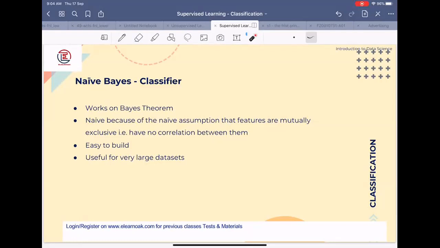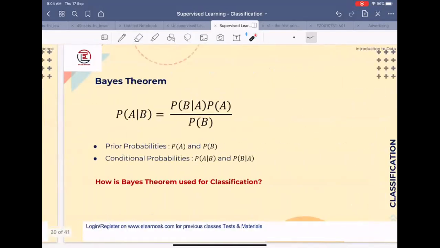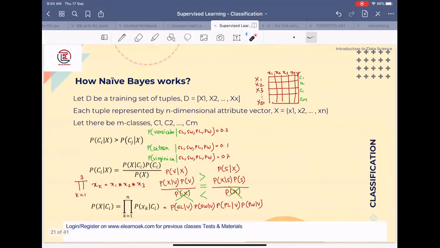If I have to quickly summarize, the naive Bayes classifier works on the Bayes theorem. Bayes theorem helps us to evaluate something called conditional probability. We use conditional probability in the sense of our data to find out the probability of a particular class given certain data.